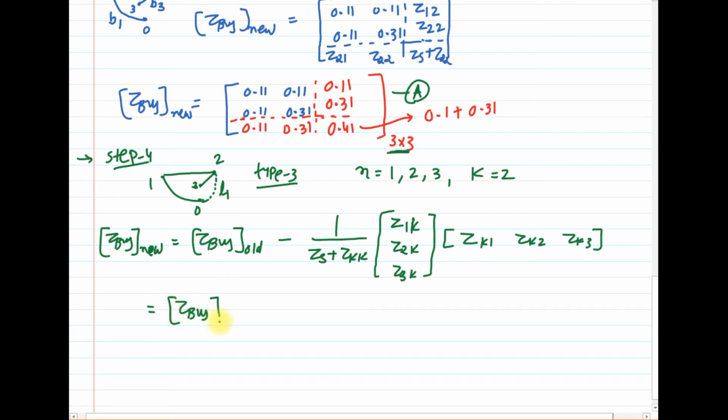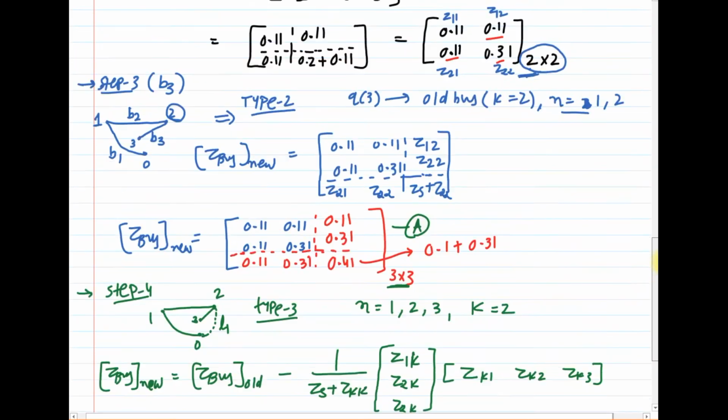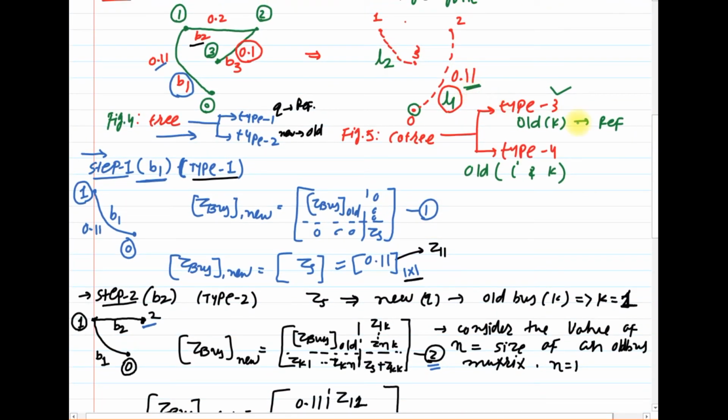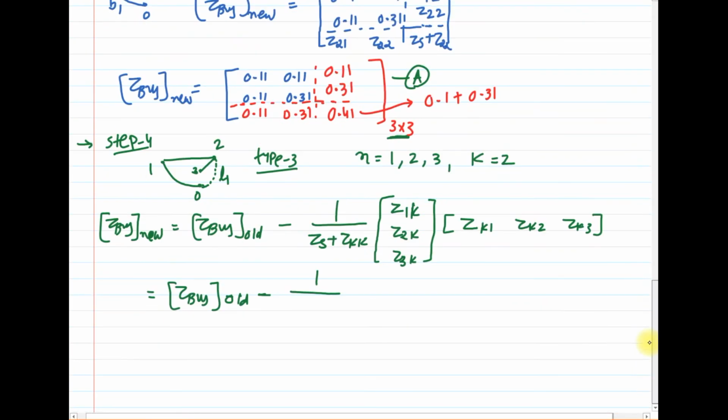So just substitute the value of k, again Z bus old. I will write the value of Z bus old in the next step, minus 1 divided by Zs. Zs means the value of link L1, which is added between bus number 2 and the reference bus, it is 0.11. Zs means the self impedance of that element which is newly added into your existing network.